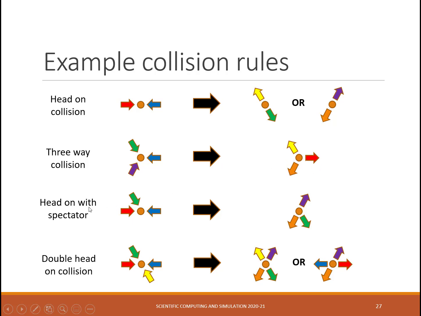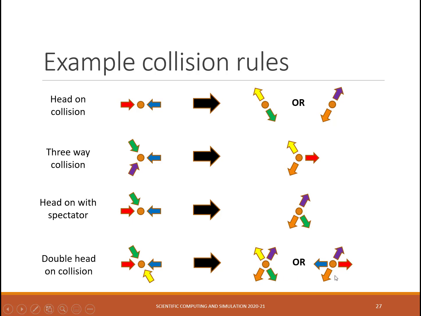These two particles will rotate by 60 degrees while the spectator state will remain unchanged. The final states for double head-on collisions can be computed by a 60-degree rotation of each particle to either the right or the left. Like the first case, this collision leads to two possible outcomes, and the outcomes are chosen with 50-50 probability.